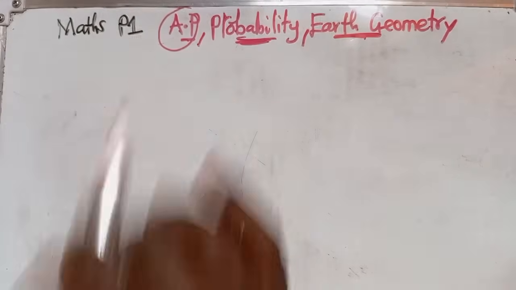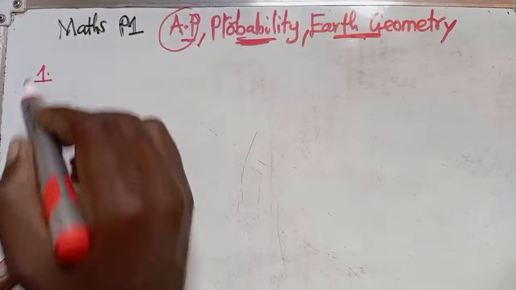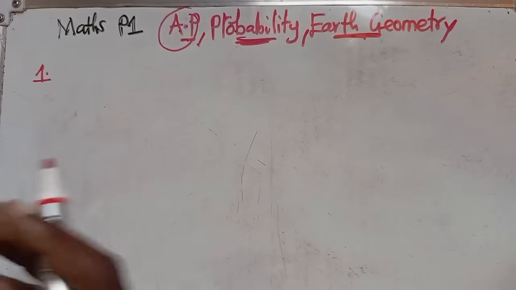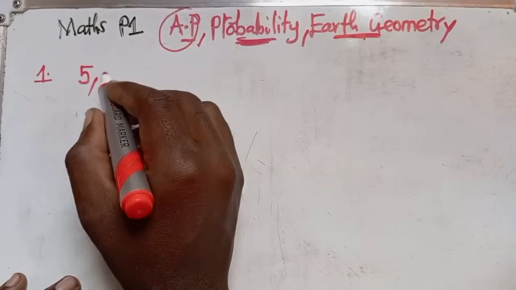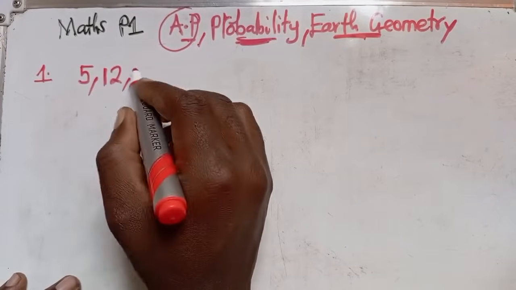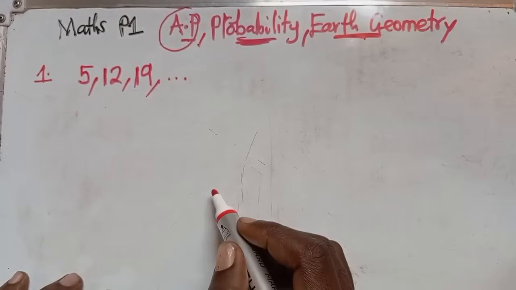For instance, we start with the AP. You are given a sequence, maybe 5, then 12, then 19, and it just goes on like that.